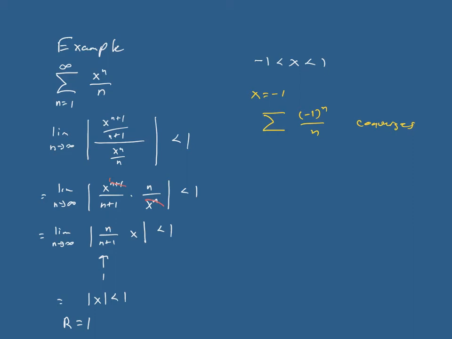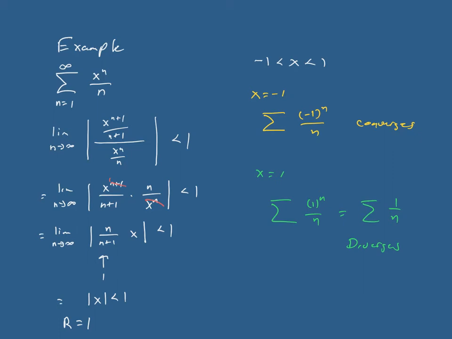So I'm going to want to make sure that when I do my final interval of convergence, that I include -1. The next one, if I let x equal 1, that's our other endpoint. Then I'm going to put 1 into here. And so what I'm going to get at that point is the series 1 to the n over n, which equals the series 1 over n, which is the harmonic series, which we know diverges.